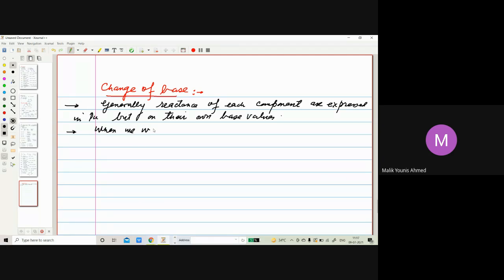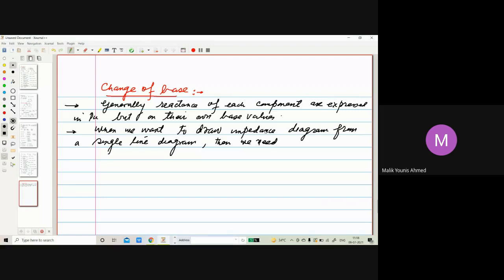When we want to draw the impedance diagram from a single line diagram, then we need to convert all reactances on the common system base.